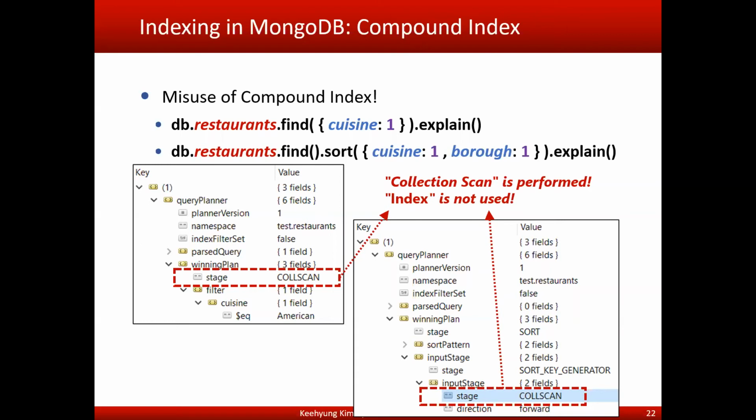In that case, the index will not be used, because when we designed the index earlier we used borough as the first hierarchy, and that order doesn't match what we designed in the index. So the key point is this: when you have a compound index, there is a hierarchy, and your query should follow that hierarchy to utilize the index.